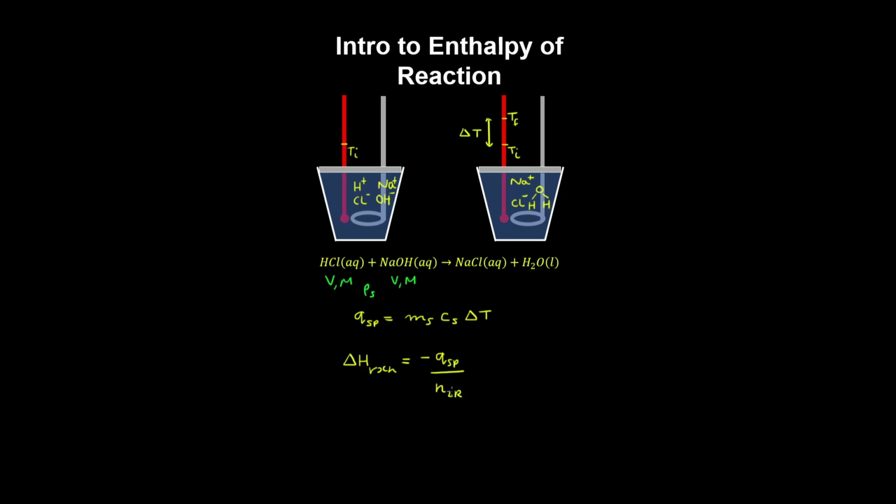So for example, if our limiting reactant is hydrochloric acid, we can work out the number of moles from the volume and molarity. And to get the enthalpy of the reaction, we multiply by the number of moles of the limiting reactant per mole of reaction.